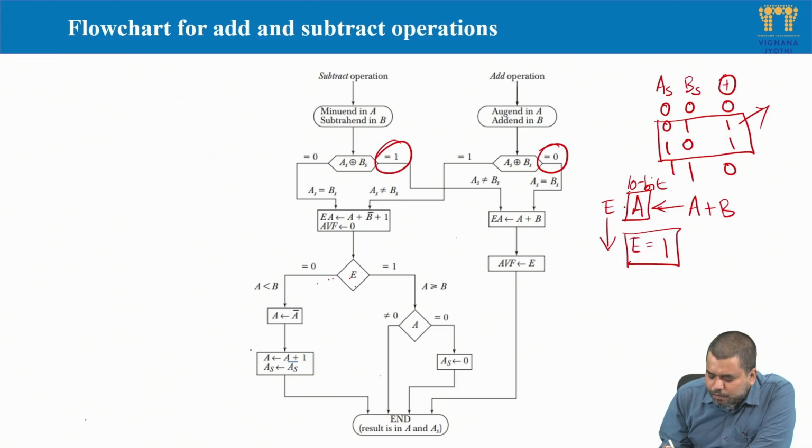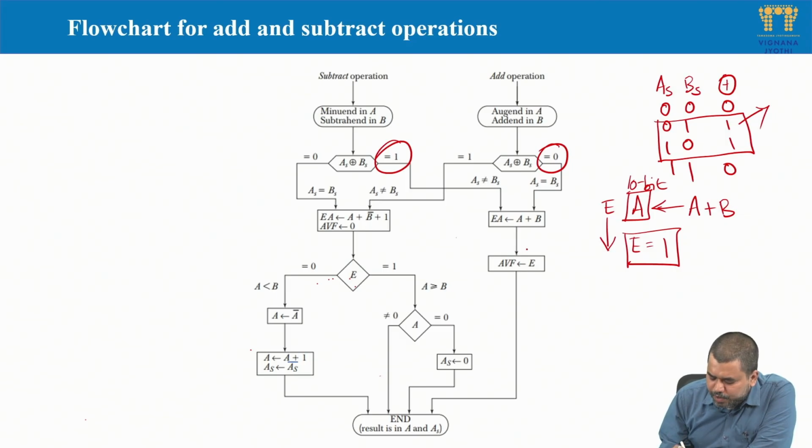So whenever this overflow is there, we need to indicate to the user that we have got an overflow. That indication is done by moving E to the AVF flag, so that AVF will be set, indicating that we got an overflow, so that the programmer who is using this hardware can realize that there is an overflow and interpret the result appropriately.